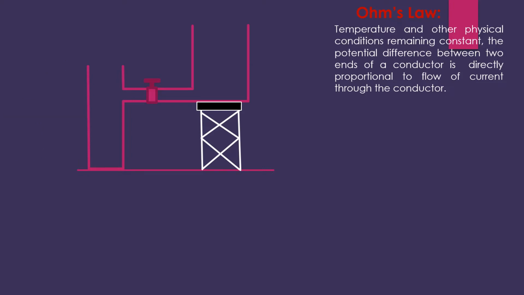In the picture, tank A is placed at the higher position and tank B is kept at the lower position. Both tanks are connected with a small pipe and a suitable tap. The tap will control the flow of water through the pipe.